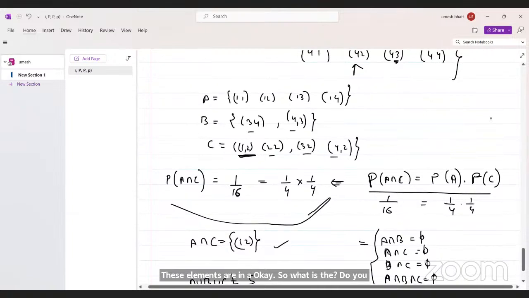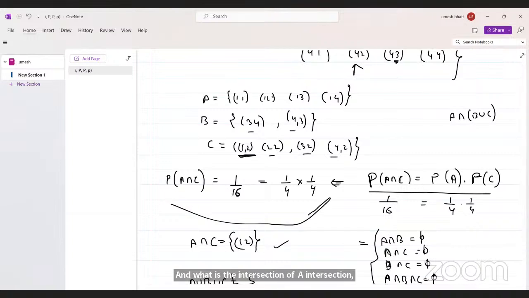And what is A intersection B union C? A has how many elements? Is there any common element?